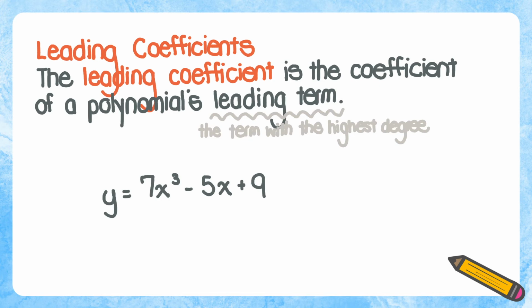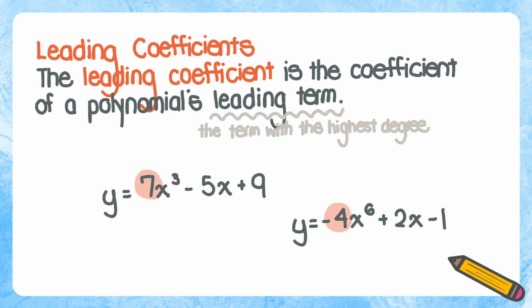For example, if I had y equals 7x cubed minus 5x plus 9, my leading coefficient is 7 because it's the coefficient of the polynomial's leading term, the term with the highest degree. And if I had this function, y equals negative 4x to the 6th power plus 2x minus 1, what's my leading coefficient here?